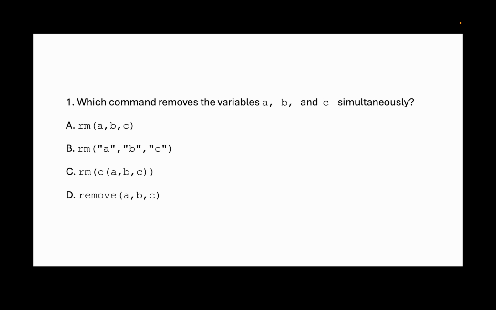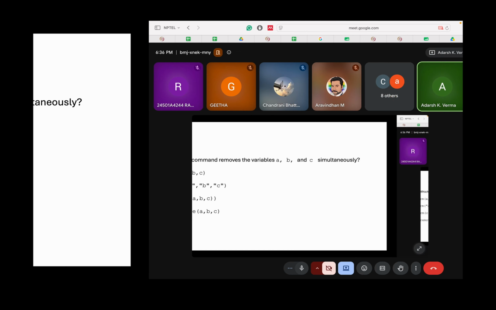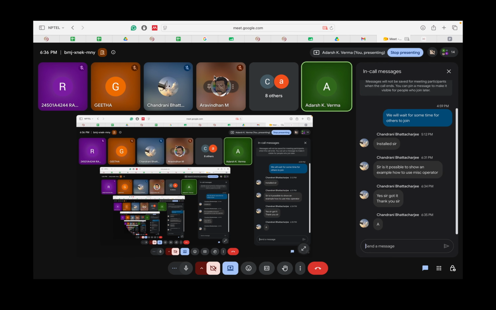This is the question: which command removes these variables simultaneously from your environment? No more answers? You can unmute also and speak.